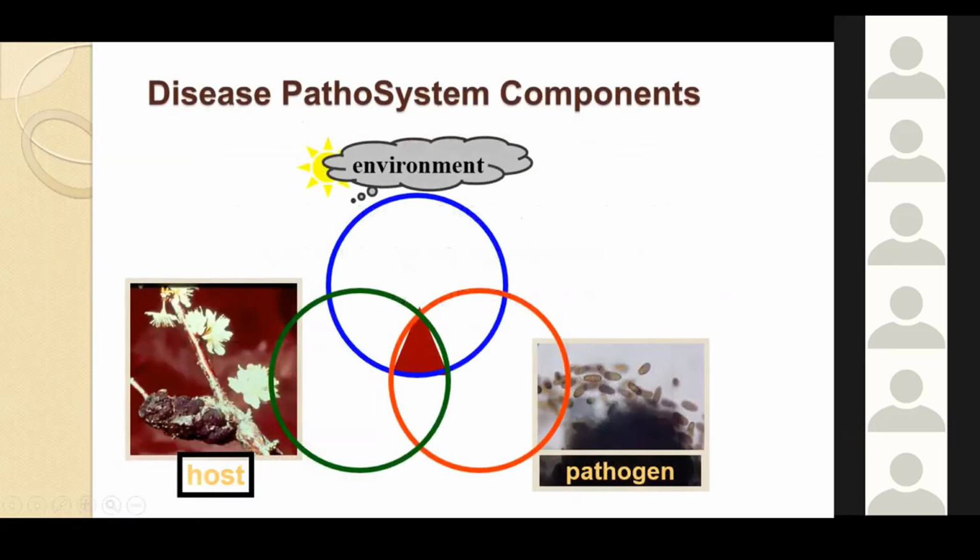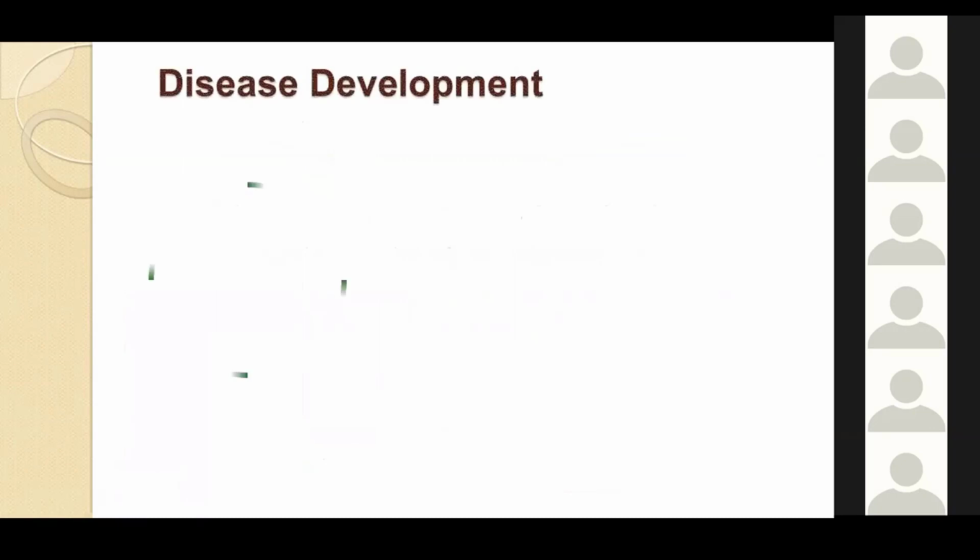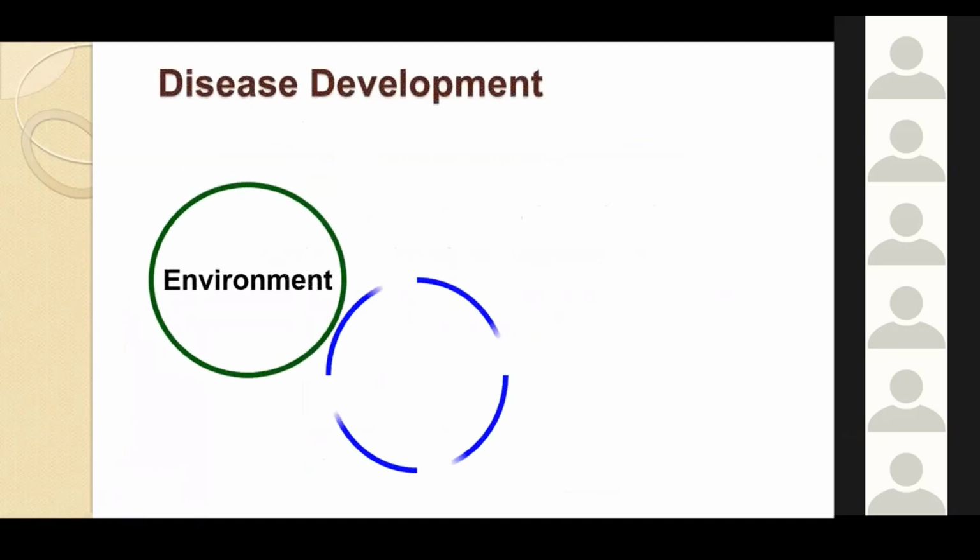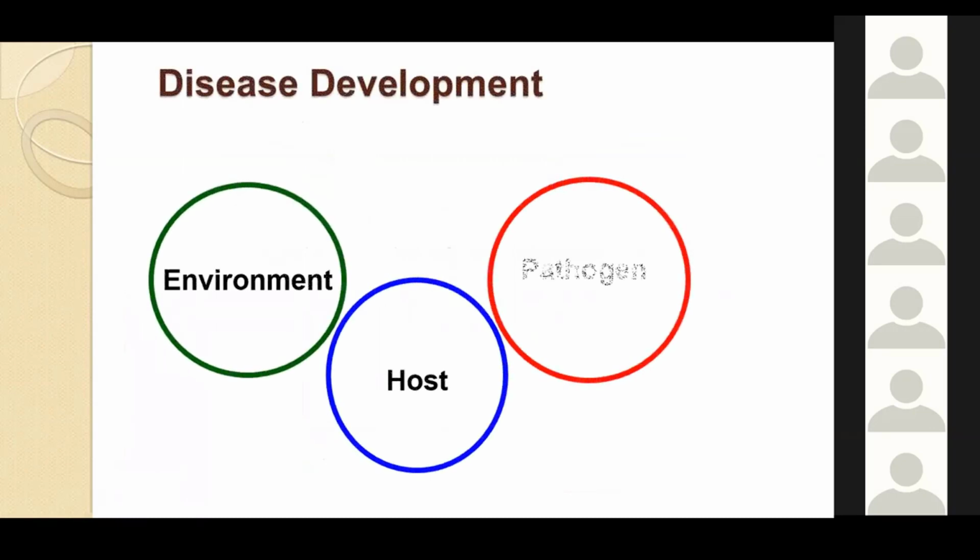So there are a few different components of the disease pathosystem, as we refer to it. We have the environment, a susceptible host, and a virulent pathogen. And the amount of disease development is really dependent on how much these three elements of our disease pathosystem overlap.